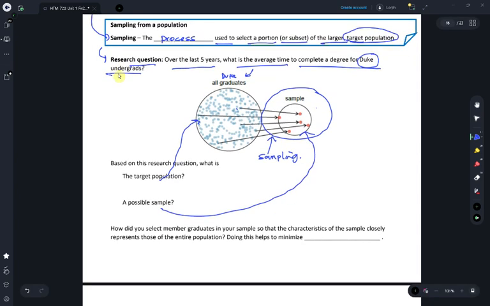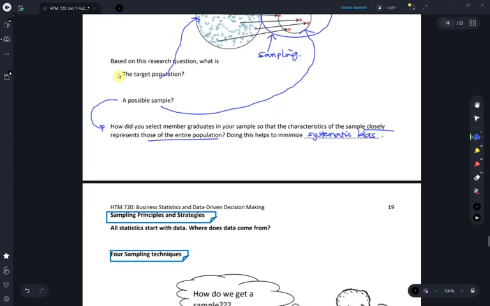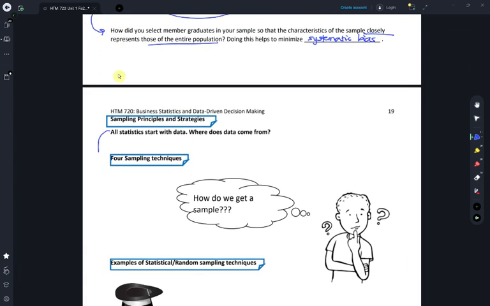Our goal in selecting a possible sample is that the characteristics of the sample should be a good reflection, a very close reflection, of the entire population. Doing this helps to minimize systematic bias from creeping into our statistical results. With that said, let's delve into four very common statistical or random sampling techniques.